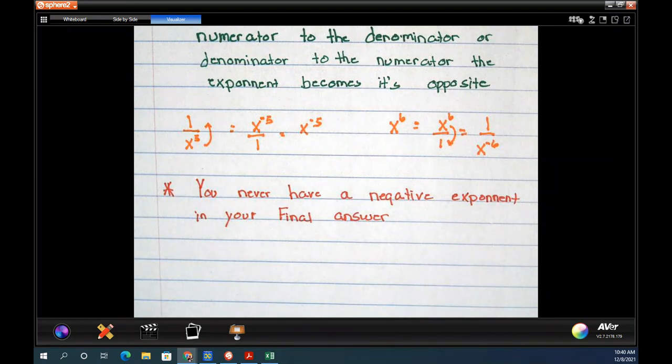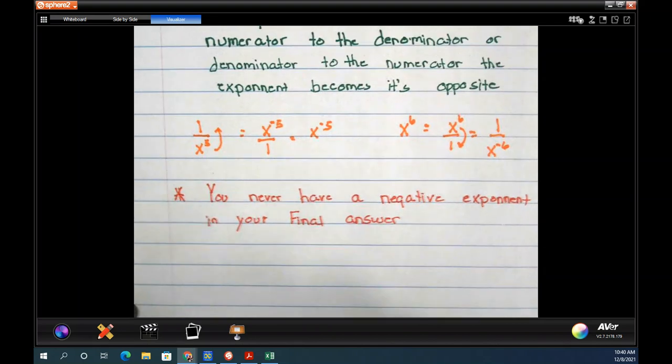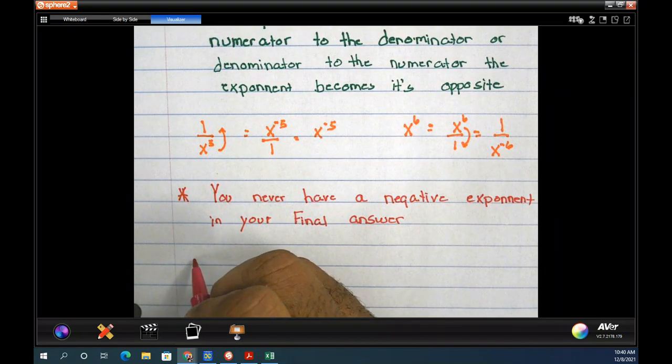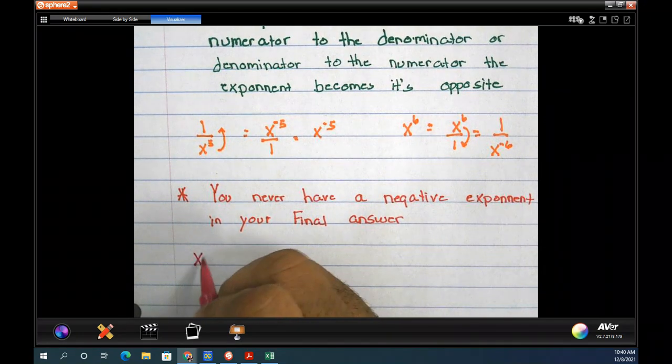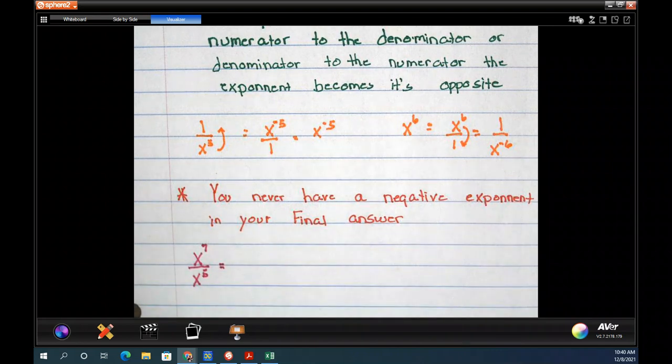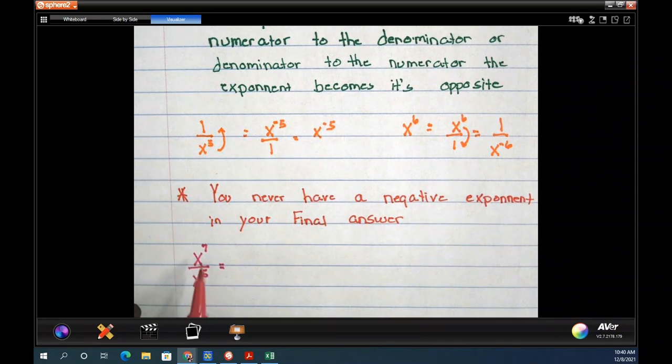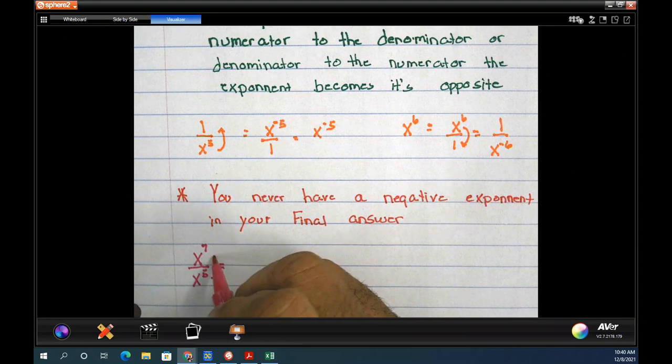Now, going back to what we were doing, we're going to keep it very simple. We're not going to put the coefficients in yet. Look at this problem. Let's say I have x to the 7th over x to the 5th. Okay? First, where is the larger exponent? In the numerator or denominator? So we're going to move this one up here.